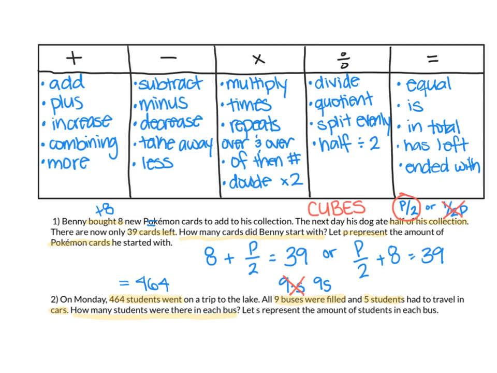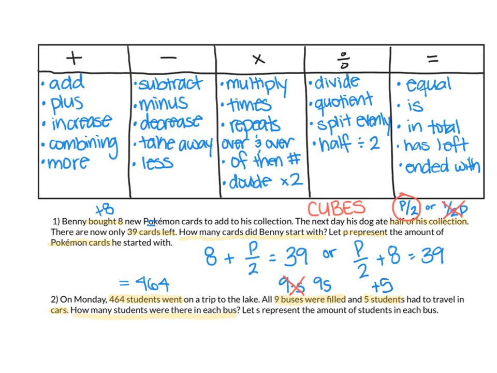But not only do we have students riding in the bus, we also have students that are traveling in cars. Well, this is plus, this is adding. Not only do we have the students in the bus, we also, in addition, have those 5 students riding in cars. So this is actually plus 5. And then we know that S stands for the amount of students, and we want to answer the question, how many students were in each bus?